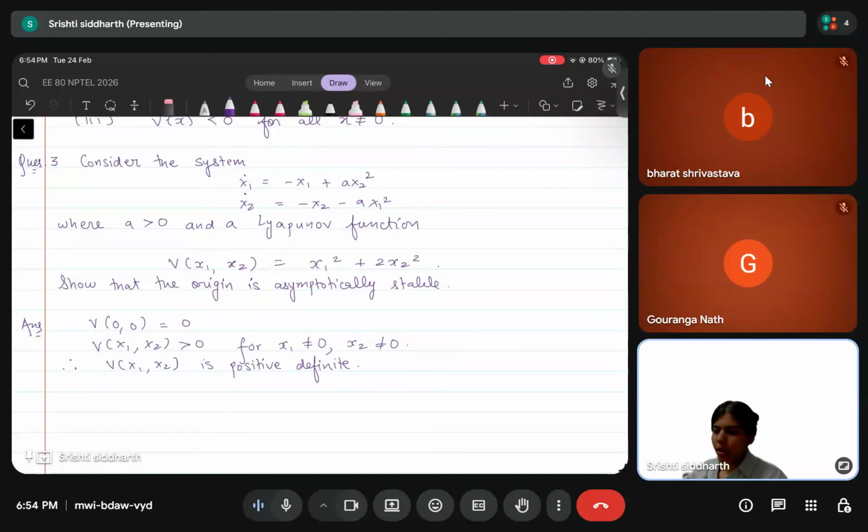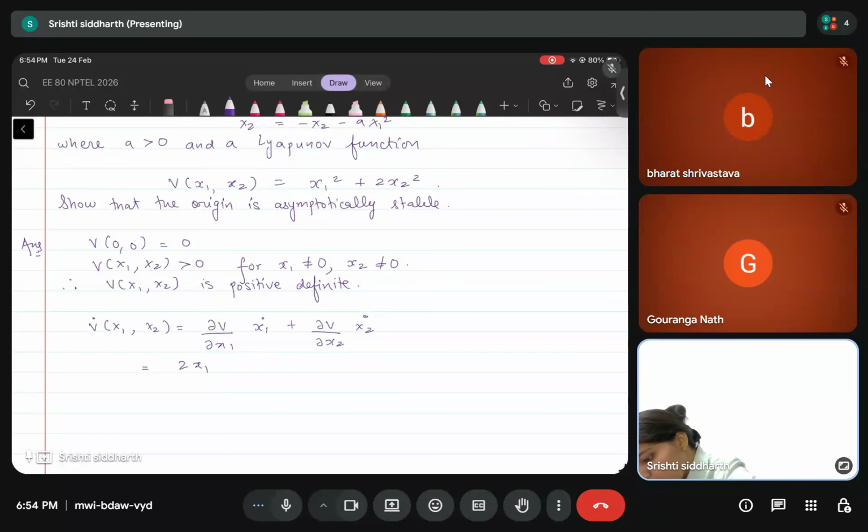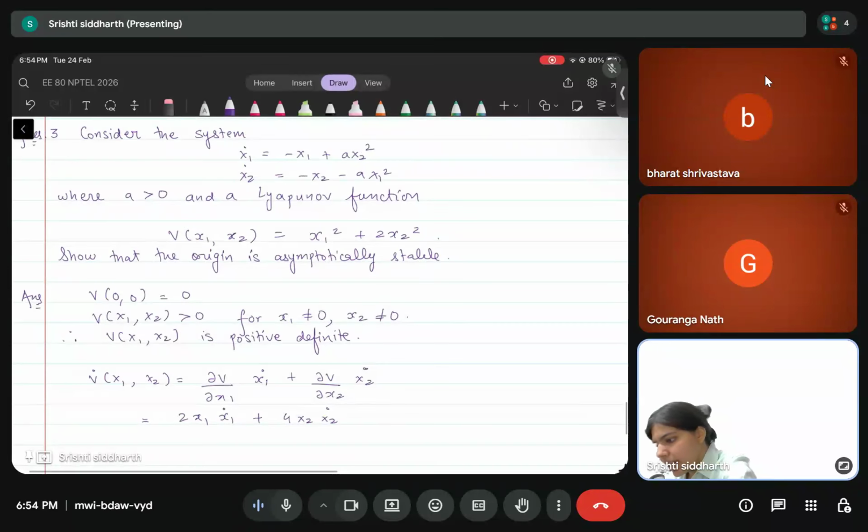Now let's compute V dot. So we'll use chain rule. This is del V by del x1 times x1 dot plus del V by del x2 times x2 dot. So this is 2x1 x1 dot plus 4x2 x2 dot. Now let's substitute the dynamics from 1 and 2.